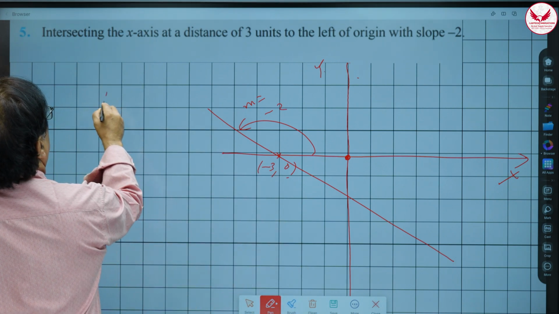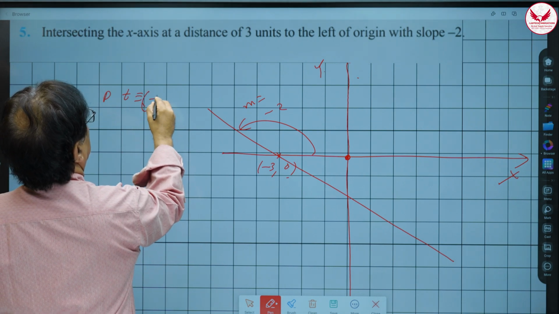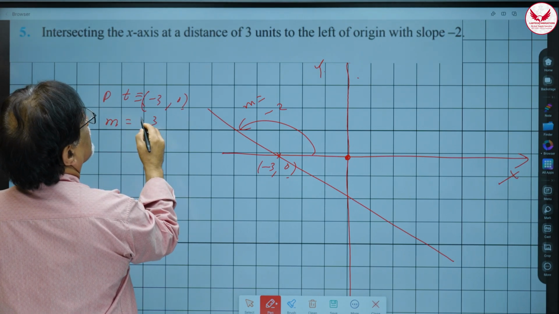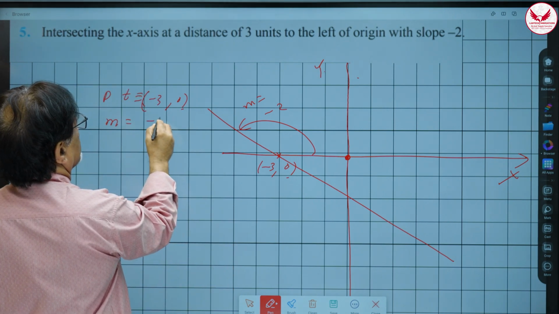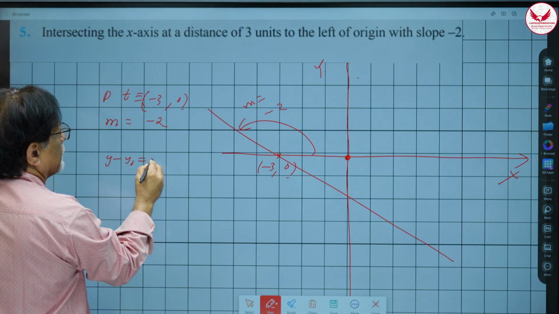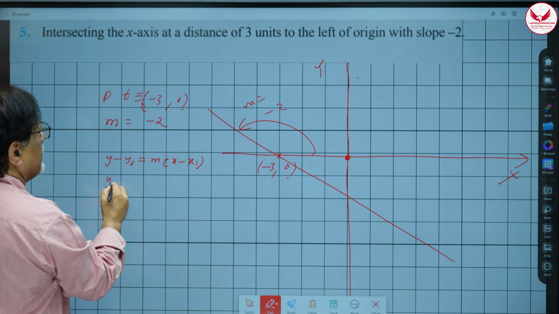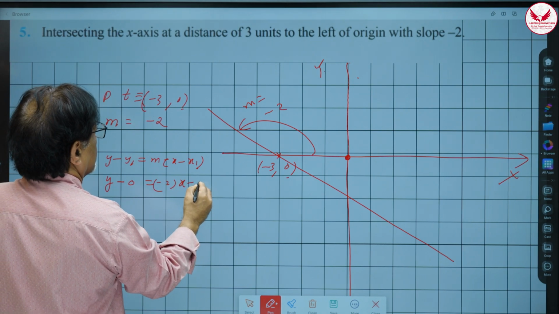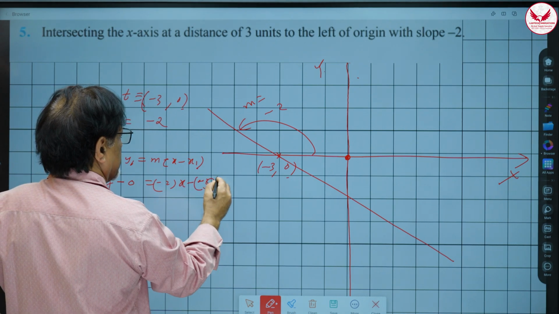So the point through which it passes is given by (minus 3, 0). And the slope m is 3. No, I'm sorry, slope m is minus 2. Okay, fine. So our formula works here. So y minus y1 is equal to m into x minus x1. So therefore y minus 0 is equal to minus 2 into x minus minus 3, correct?